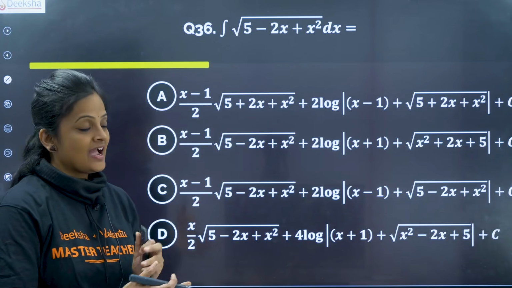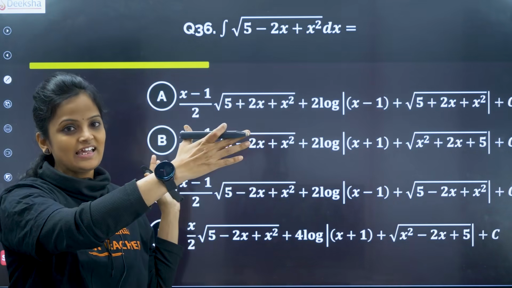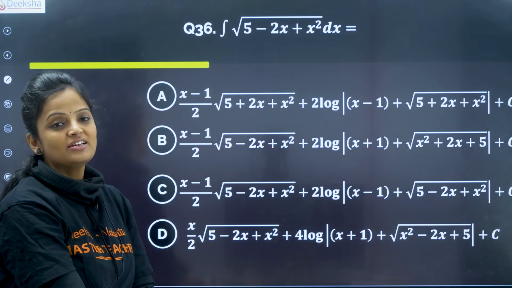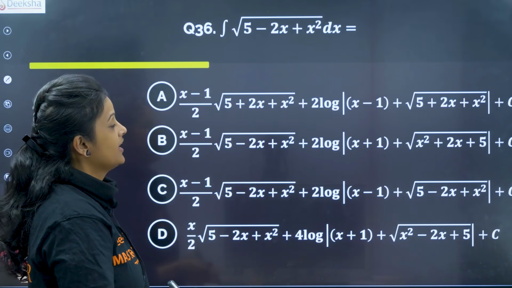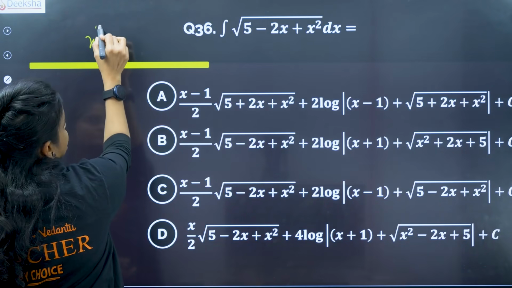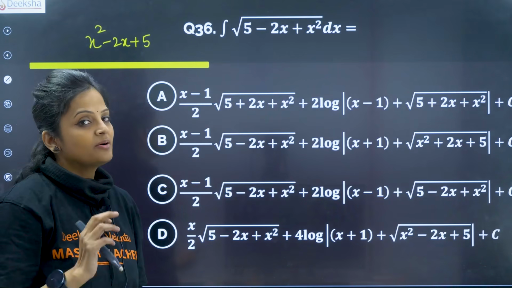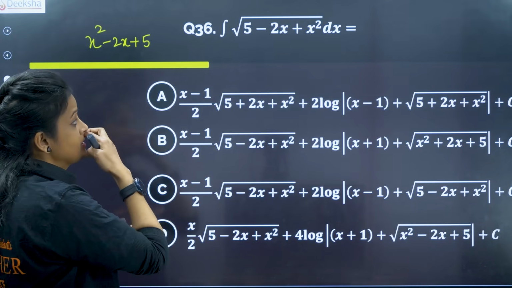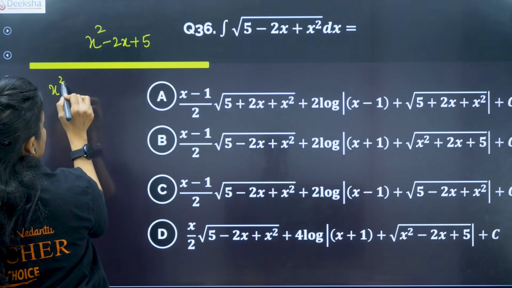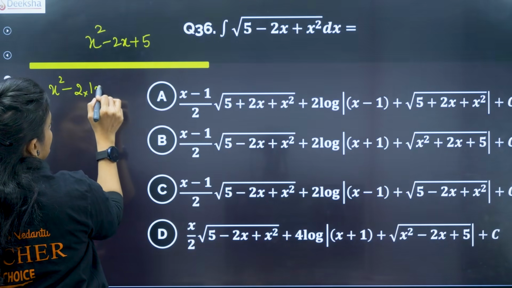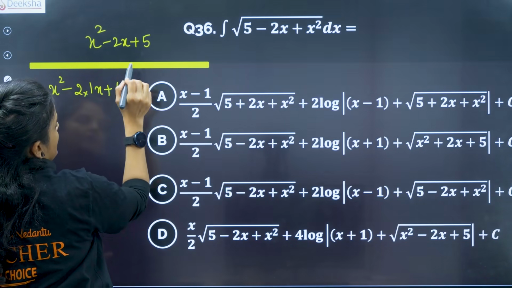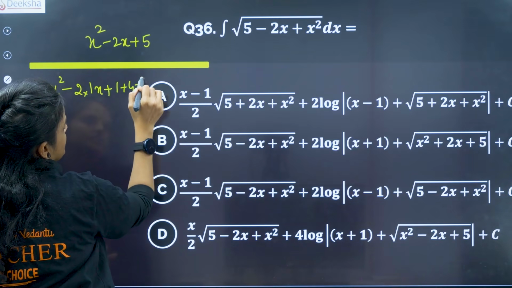36th question. I know the options are lengthy because the term is also like that. Under root we have x square minus 2x plus 5. We all know the completing the square method, so this comes under that. x square minus 2 into 1 into x plus 1. I hope you have practiced enough in this.